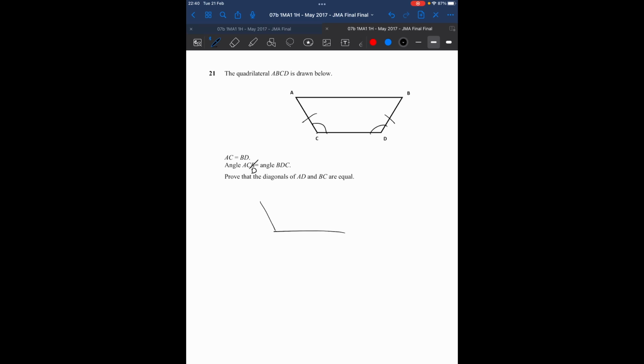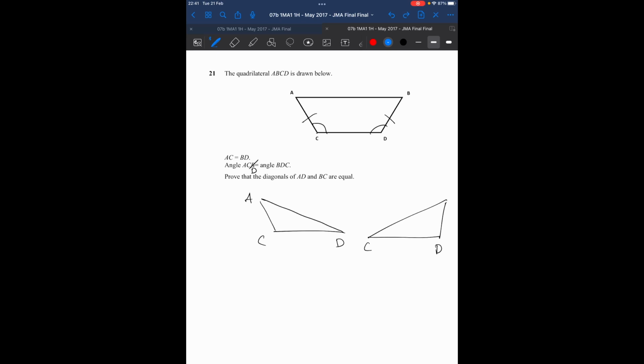I'm going to draw one that looks a bit like this, so that's going to have A and C and D in it. And then I'm going to draw the other one, which is a bit like this, and that has C and D and B. So how could I prove that these ones are equal to each other?